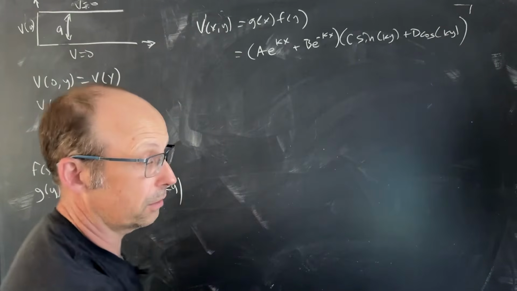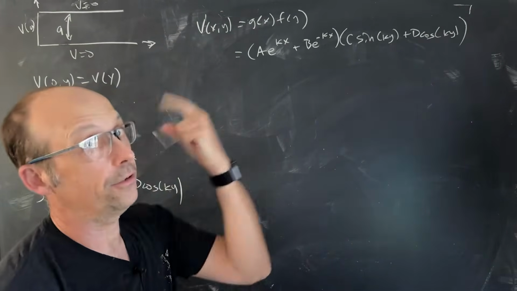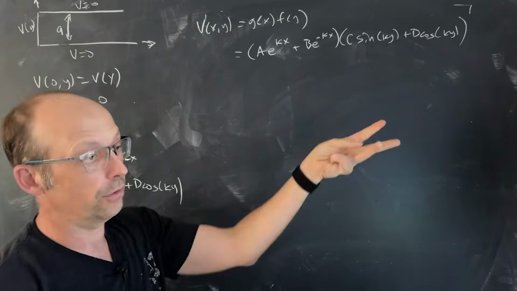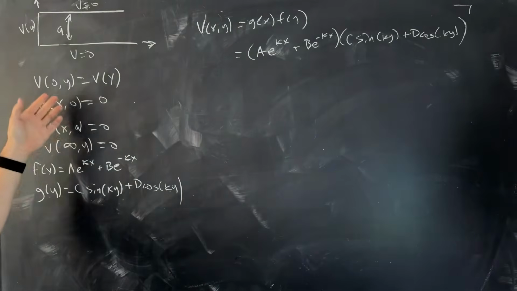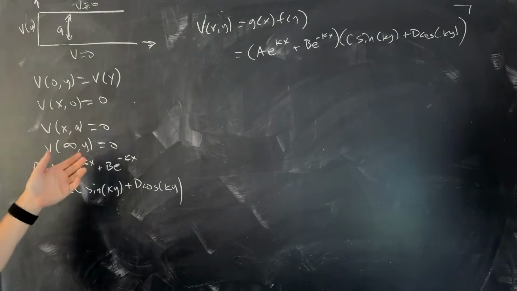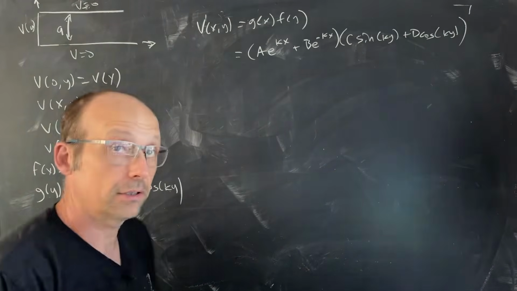So that's my solution. But I don't know A, I don't know B, I don't know C, I don't know D. So I have 4 constants that I don't know, but look at this. I have 4 constraints, 4 boundary conditions that I can use. So we can apply those things.